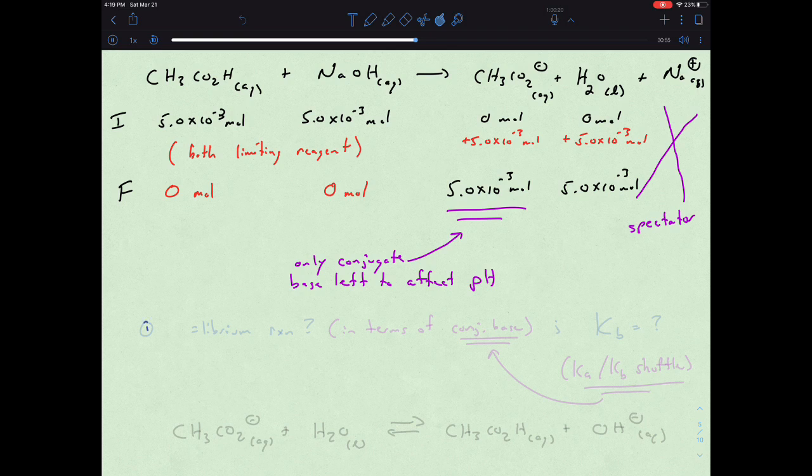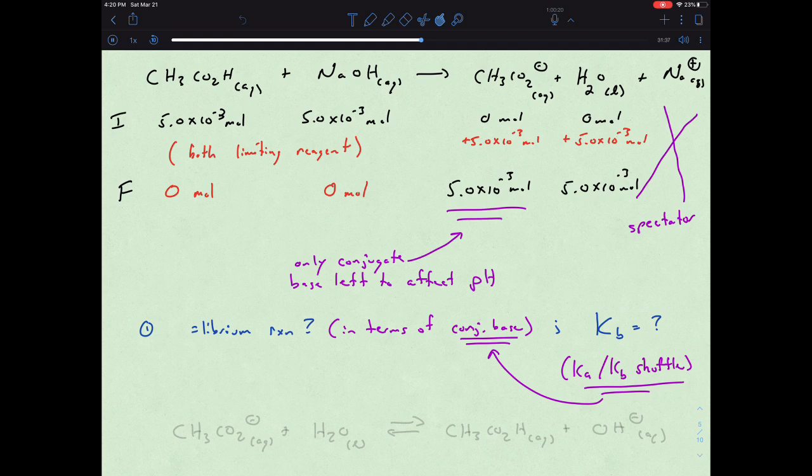So that means when we go to 1, now as far as our equilibrium reaction, this is now in terms of the conjugate base, since that's all we have left after neutralization. Which means now we have a Kb, or remember we have to do the Ka-Kb shuffle, because it actually is a conjugate base.